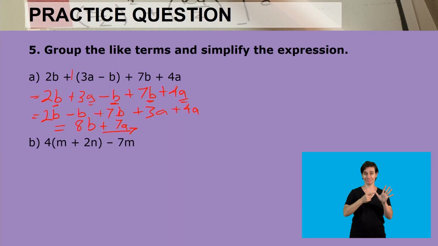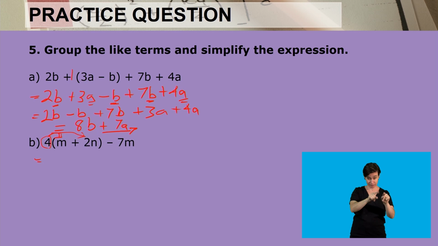All right, let's look at the next one. And the next one is again with a bracket. So we start by resolving the bracket. 4 into m plus 2n, and then close bracket minus 7m. As we do that, we use the distributive law, which means we multiply whatever value is outside the bracket with each and every value inside the bracket.